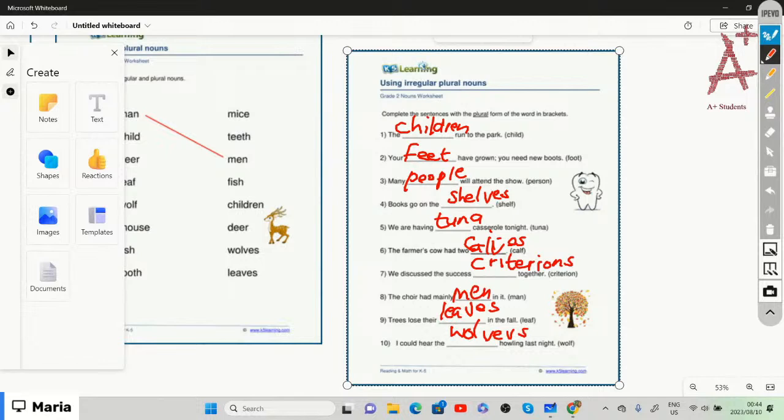And as you can see, the letters even change in the middle of that word. Then here, people. Which means that we refer to one person, and if we want to make mention of more than one person, we can say people.